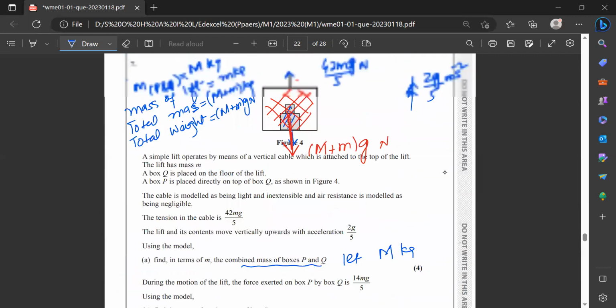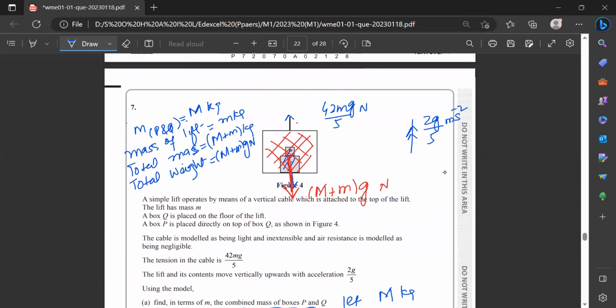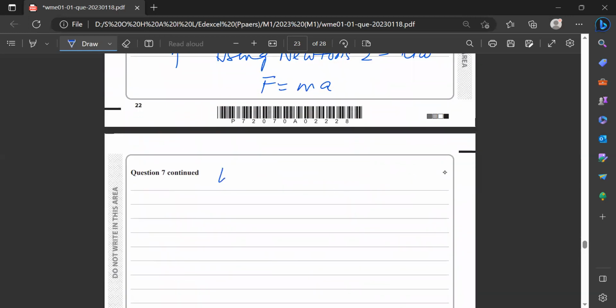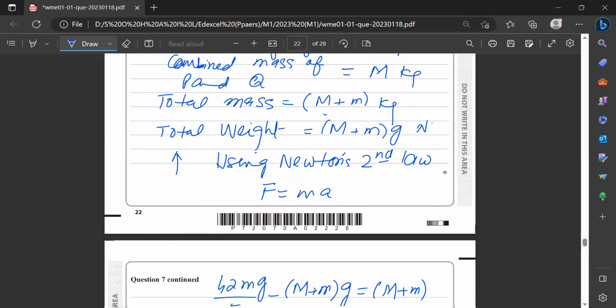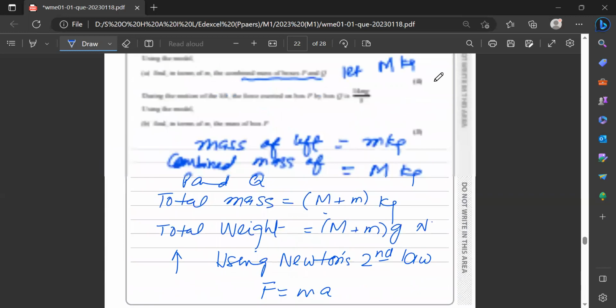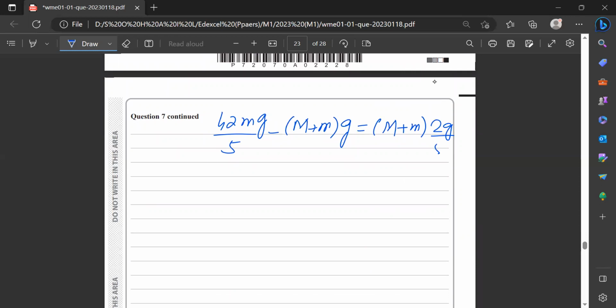The force acting in the direction of the motion is the tension in the cable, 42mg over 5, minus the weight of everything, equals ma. a is given. a is 2g over 5.